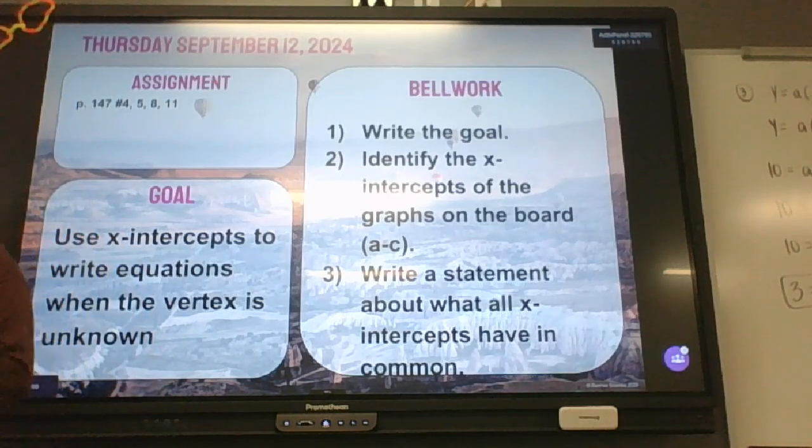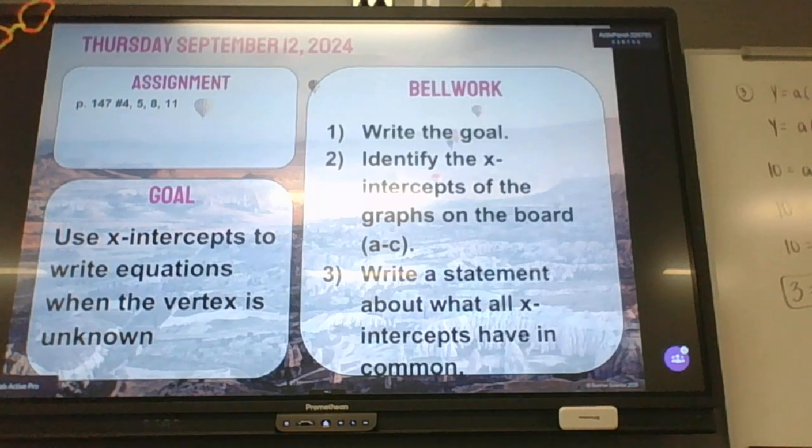I want to point out that a quadratic equation can have several different numbers of x-intercepts. Normally we talk a lot about y-intercepts, but with parabolas, we're shifting towards talking about x-intercepts. This parabola has 2. This parabola only has 1. Some parabolas have 0 x-intercepts.